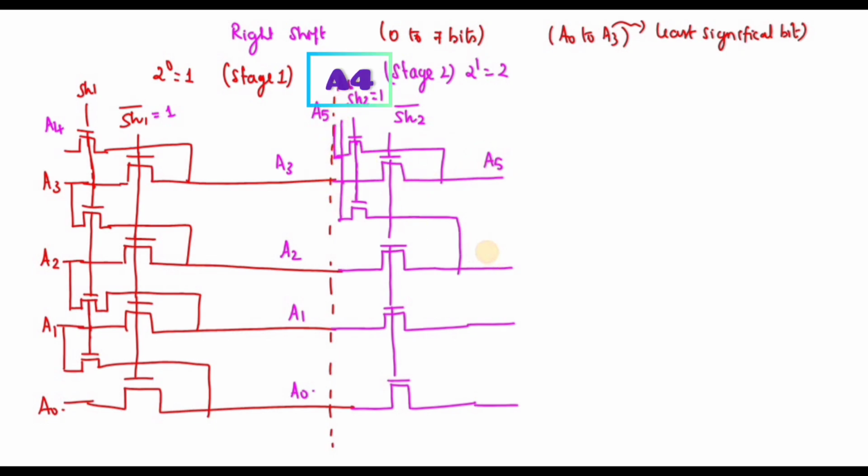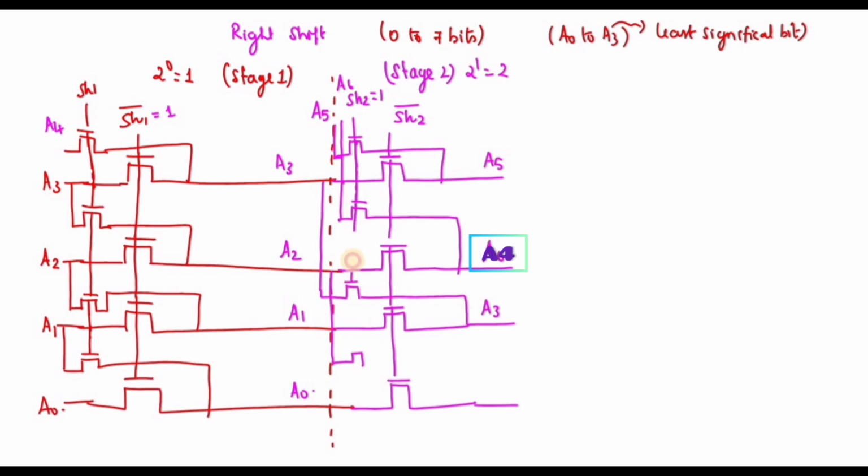So the a6 value will reach here, and my a7, a3 value will reach here. Then a2 value will reach here. Okay, so this is about the second stage.